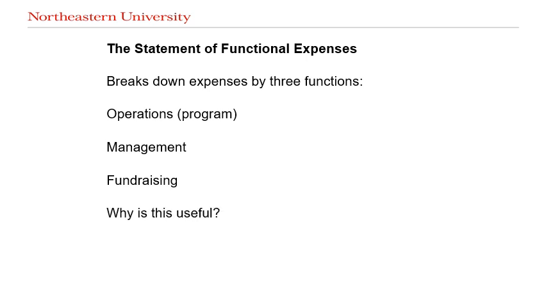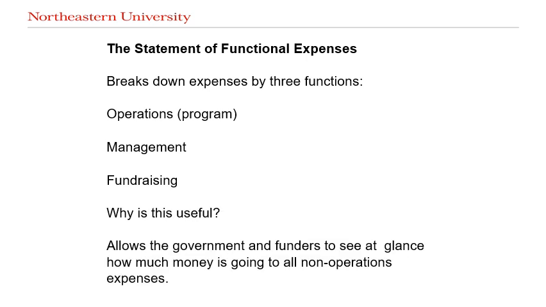So why is this useful? Well, it'll allow you, your government program managers, your funders, your board, to see at a glance how much money is going into both direct and non-direct services, and again, even within the indirect, comparing management and fundraising.